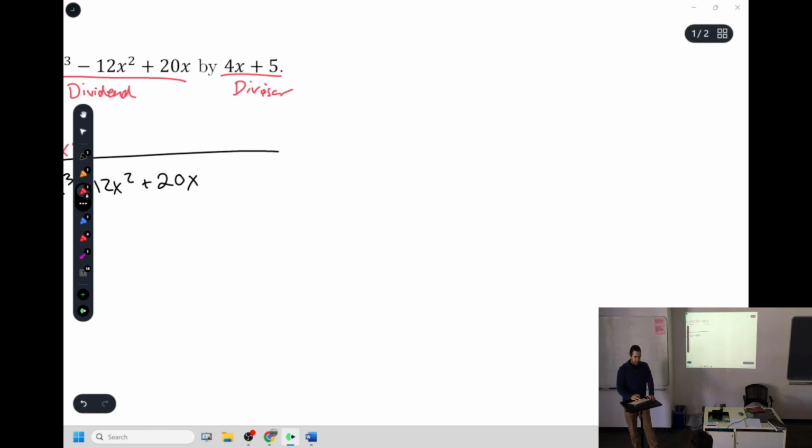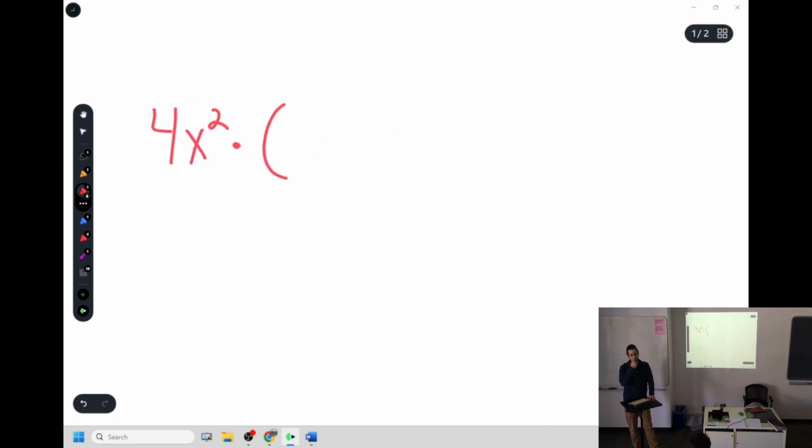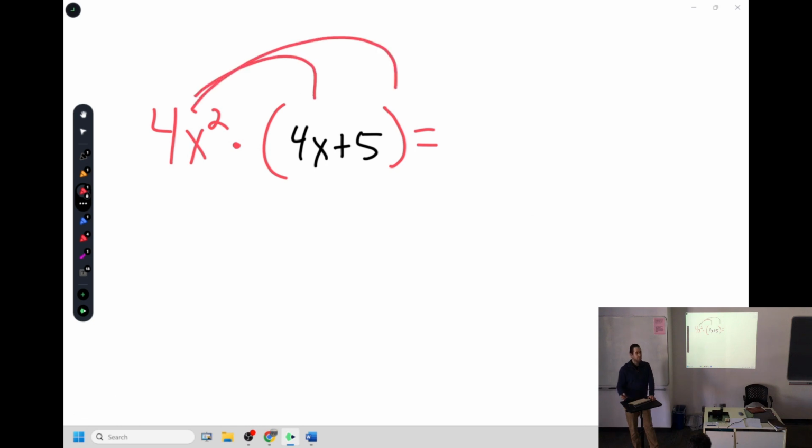Let's go off to the side and check. 4x squared times, I've totally forgotten. Someone's going to have to remind me of what my divisor is. Distributive property.